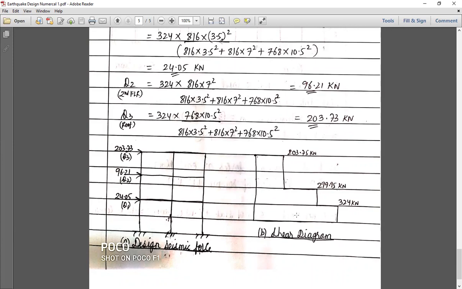Okay, so here the base shear, meaning the shear at the bottom, will be maximum, correct? At the bottom it is fixed. So here it is 324, and if you subtract 24 from that you will get 299. And then if you subtract 96 from that, you will get 203. So this is the base shear diagram, and this is the lateral force diagram. So that is the numerical.